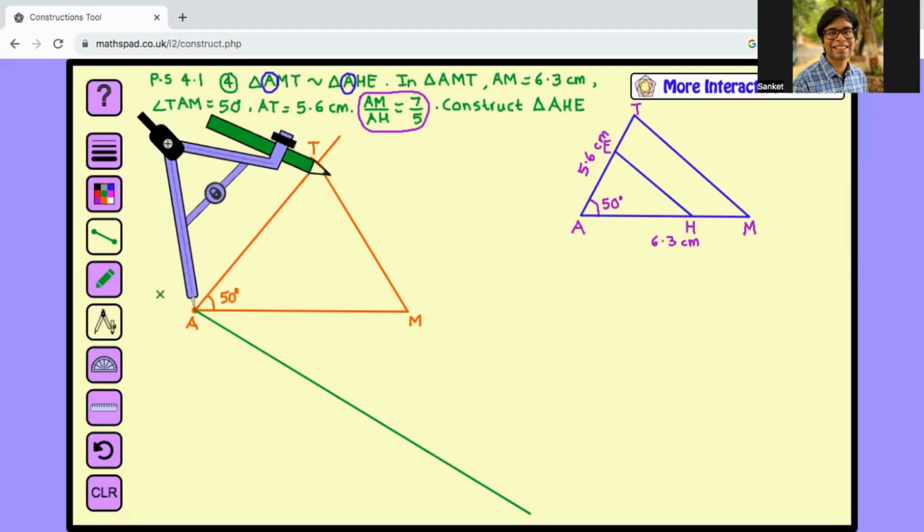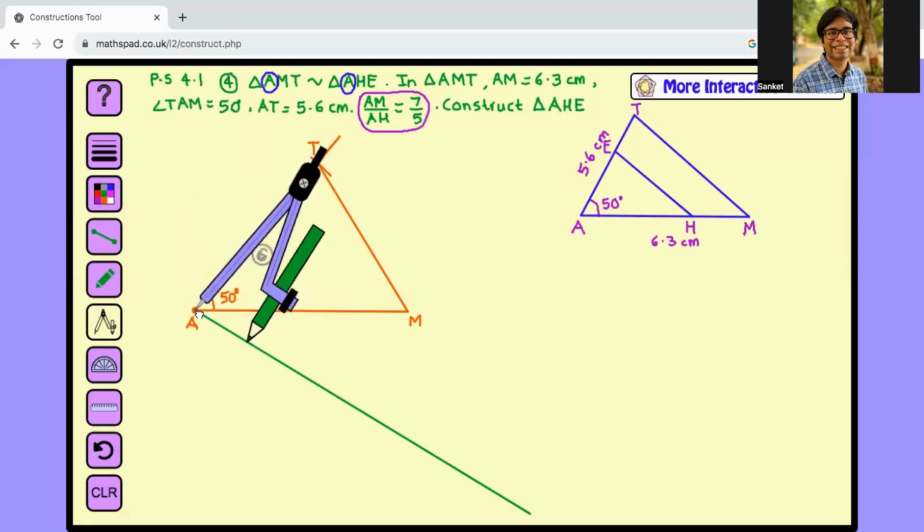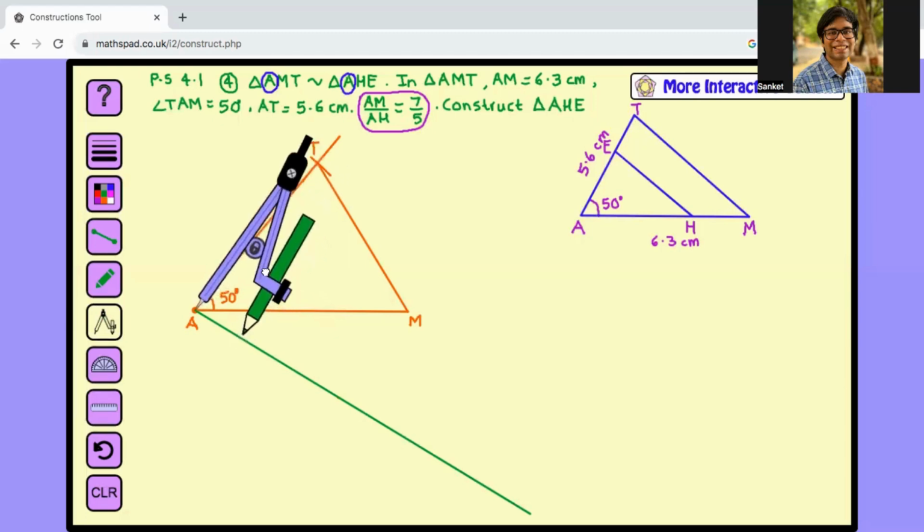So I'm going to take my compass. I'm going to take any distance in the compass, but I need to keep that distance fixed. Once I fix the distance, I'm going to start making the marks.